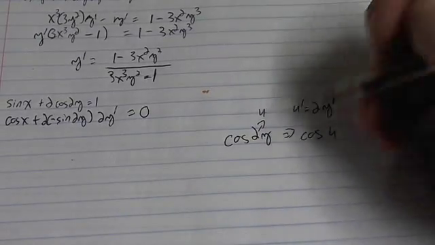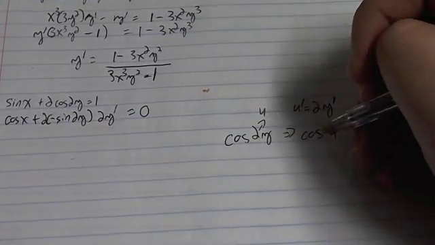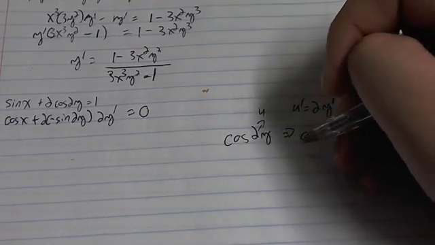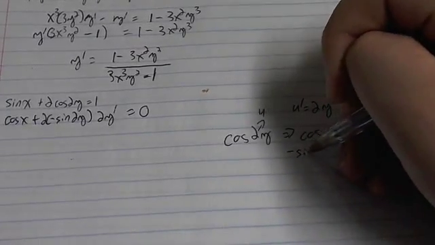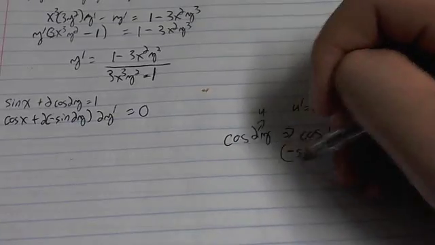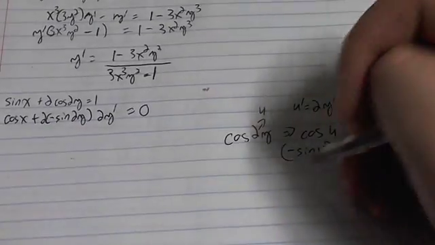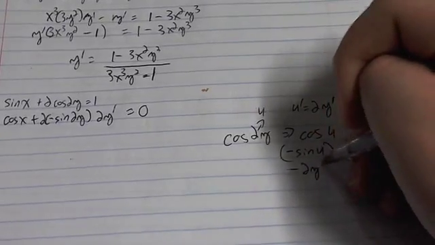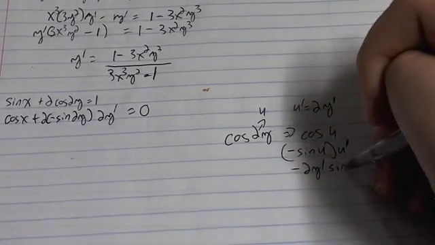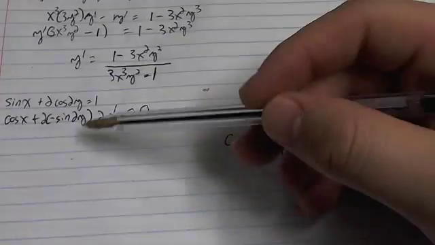Okay. So now cosine of u, it'll be the derivative of the outside function, which is the cosine, which is negative sine with the same inside, times derivative of the inside. Alright, so now we just plug everything in. It'll be negative 2y prime times sine 2y, and that's exactly what we got here.